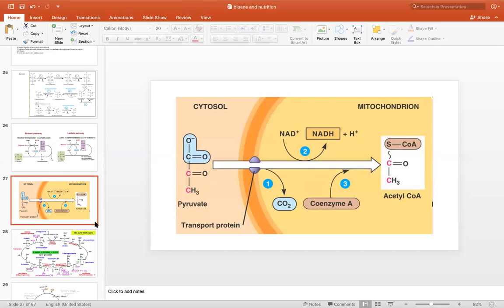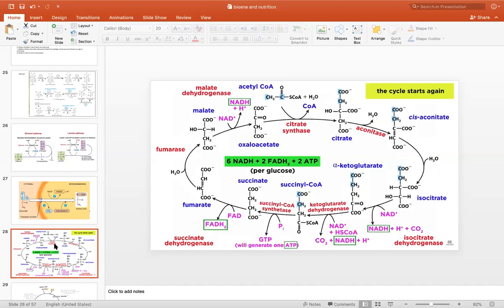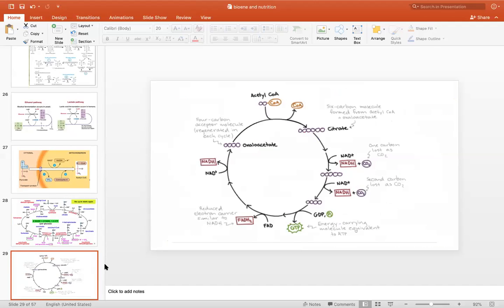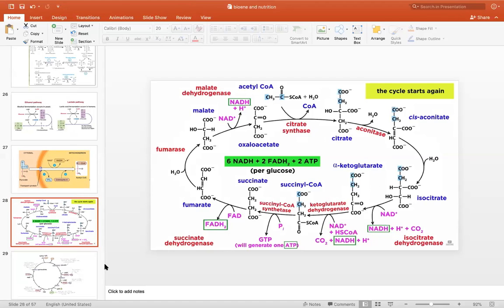This acetyl-CoA is then taken for further processing to something known as your Krebs cycle, or your citric acid cycle. Okay, this is extremely complex. If you can see lots and lots of circles, this is an easier one. This is a more difficult one, but I'm going to start with the more difficult one first so you understand, and then I'm going to go over the easy one.